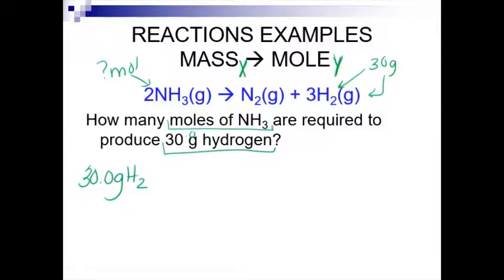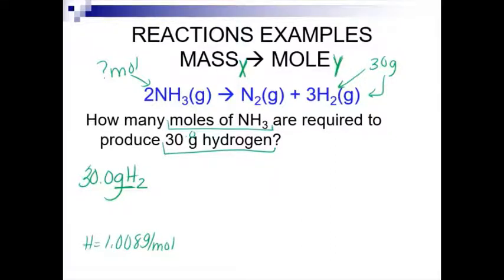Well, last problem, we went straight to the mole ratio. But this time, we have grams of something. We can't cancel grams and moles, so we need to use a conversion factor to take it from grams into moles. The periodic table says that 1 hydrogen is 1.008 grams per mole.